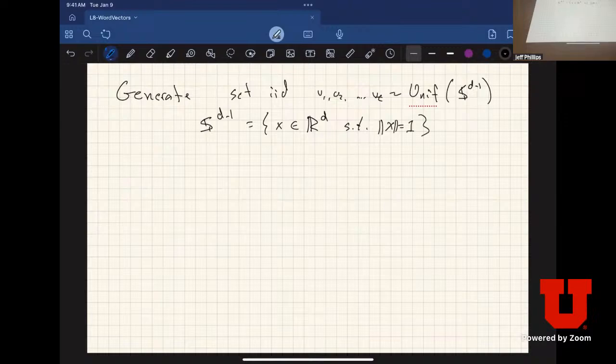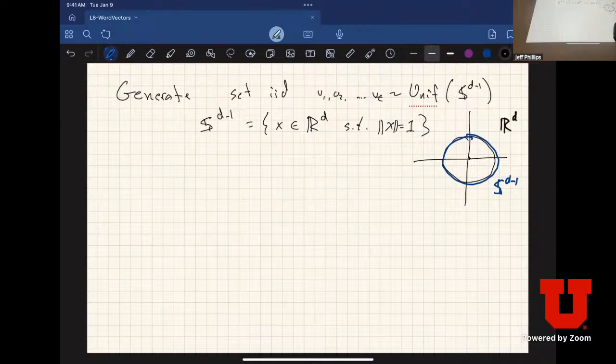Okay, so the space of unit vectors. If we have the origin here, then the space of all of the unit vectors will be S^{d-1} if the whole space is R^d.